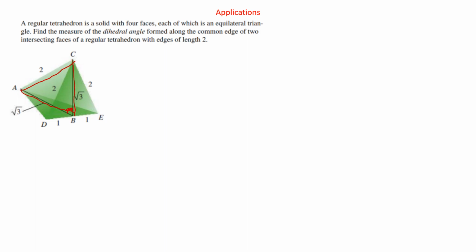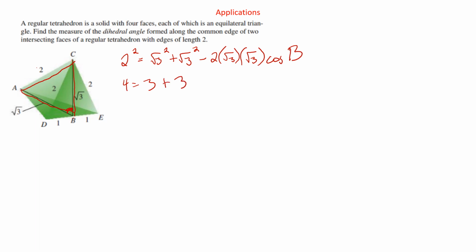So that's the one opposite, so 2 squared will equal root 3 squared plus root 3 squared minus 2 times root 3 times root 3 times cosine of the angle. So 2 squared is 4, root 3 squared is 3, 3 minus root 3 times root 3 is 3 times 2 is 6 cosine B. We can subtract the 3 plus 3.